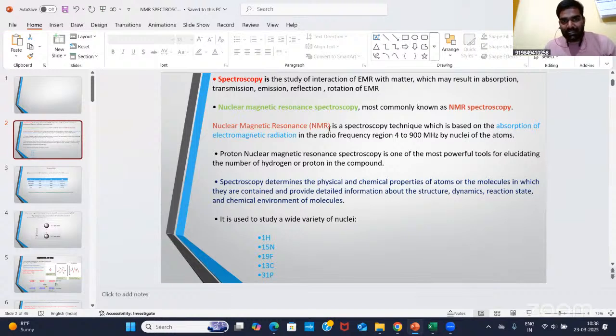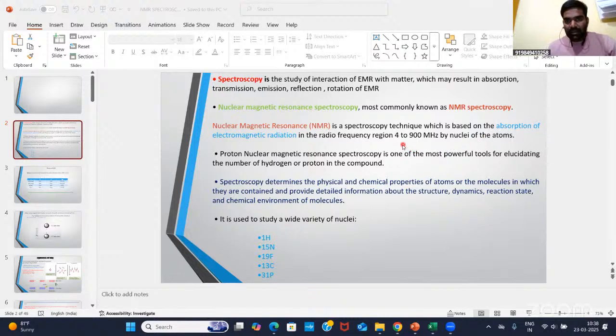NMR is a technique based on the absorption of electromagnetic radiation in the radio frequency range of 4 to 900 megahertz by nuclei of atoms.